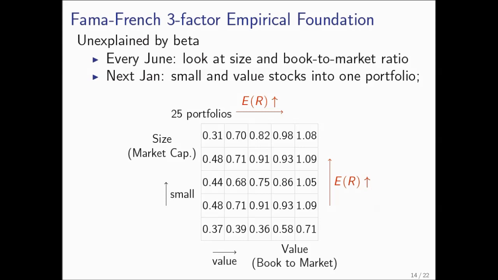And when the book-to-market value goes up, the expected return also goes up. How they get these portfolios is that every June they look at the size and book-to-market ratio, and then in the next January they group the stocks into portfolios. You can see that this return can't be explained by beta.